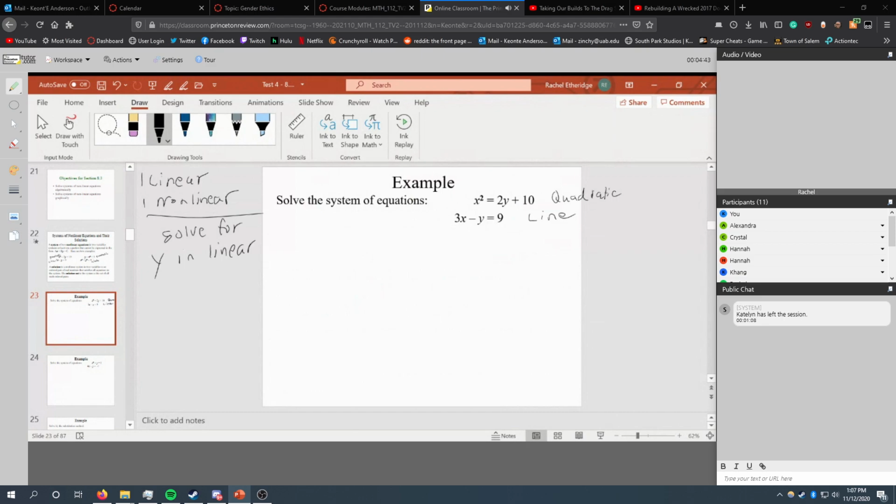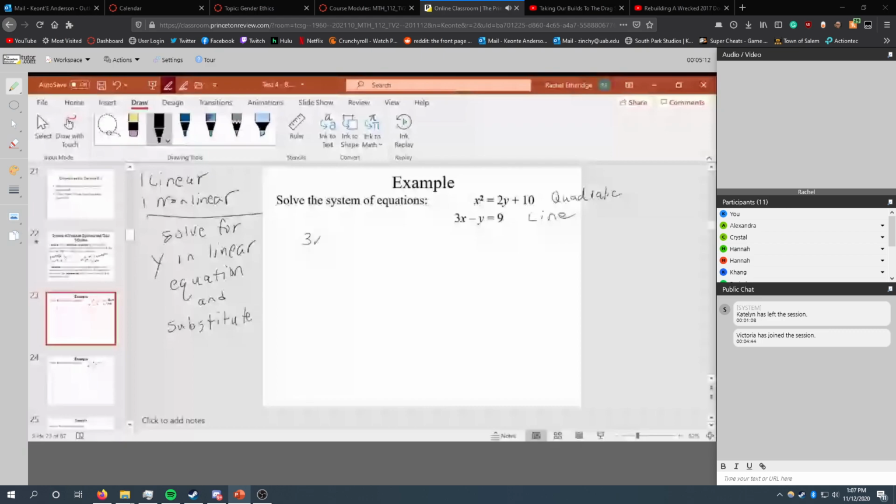We actually could solve for x too, but it's easier to solve for y in the linear equation and then substitute. So anytime you're dealing with one linear and one nonlinear, we want to solve the linear for y and then use substitution. So that's where I'm going to start.